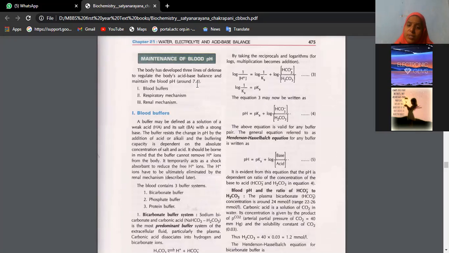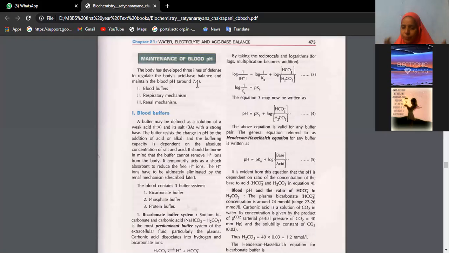Suppose the blood pH is falling, that means it is becoming acidic. Lungs are concerned with inspiration and expiration. Suppose there is any obstructive disease, such as bronchitis, bronchiectasis, chronic obstructive pulmonary disease. If there is any obstruction in the tracheobronchial tree, the person will not be able to exhale.